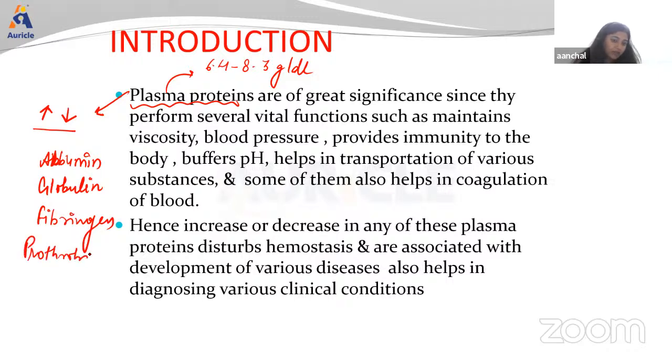Albumin is the plasma protein present in the major concentration, approximately 55%, right? Then globulin is approximately 38%, fibrinogen is 7%, and prothrombin around 2%. Okay, so these are the major types of plasma protein.